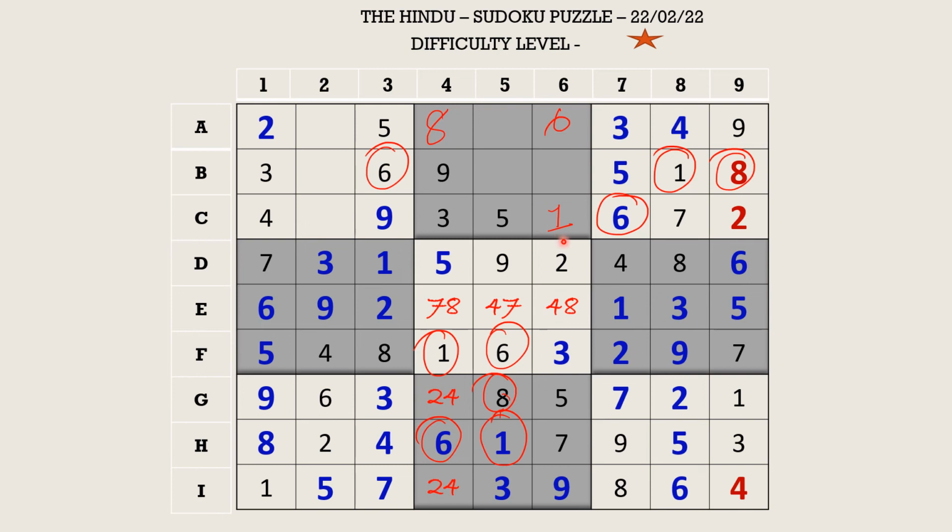There is a 2 here in column 6 which blocks here, and there is a 2 here in row A which blocks here. So B5 takes 2. Now the missing numbers in this block are 4 and 7. There is a 4 here in A row blocking. So A5 takes 7 and B6 takes 4.